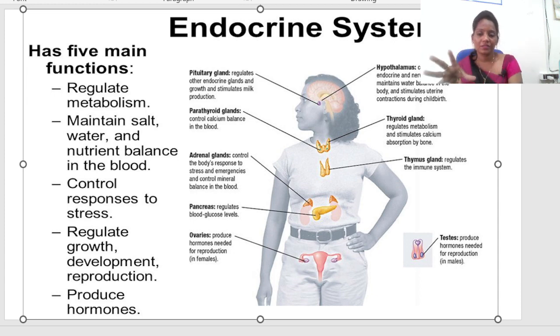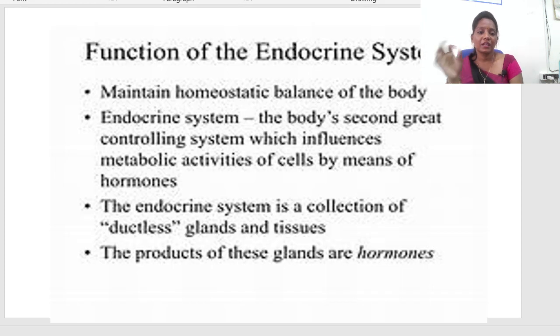But overall the functions are these five: regulating the metabolism or maintaining homeostasis in the body, helping metabolic activities, helping the release of exocrine secretions important for digestion and absorption of food, and producing hormones important for sex, pregnancy, and development of secondary sexual characteristics.